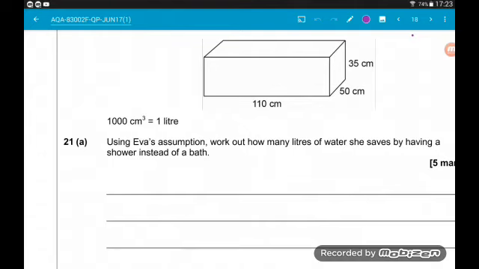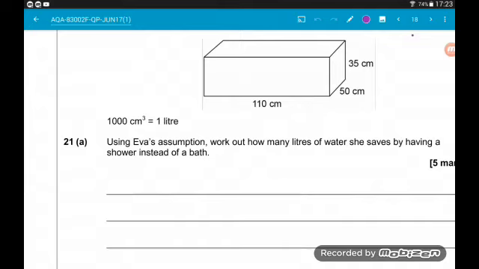Using Eva's assumptions, we want to work out how many litres of water she saves by having a shower instead of a bath. So we need to work out the volume she uses for the shower, work out the volume she uses in the bath, and find the difference between the two.